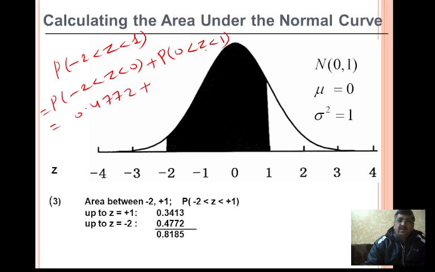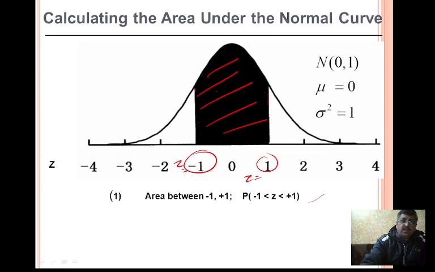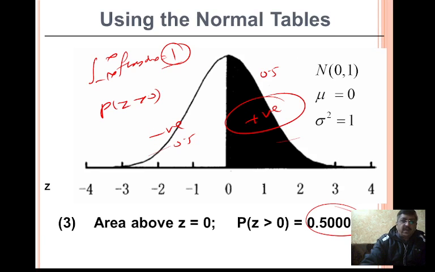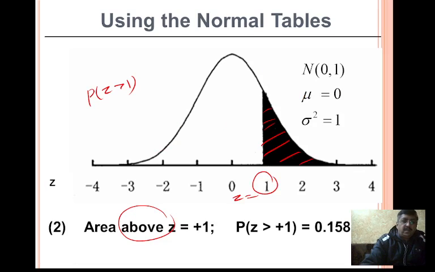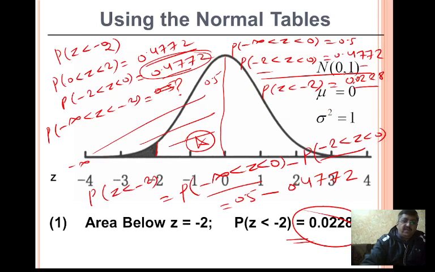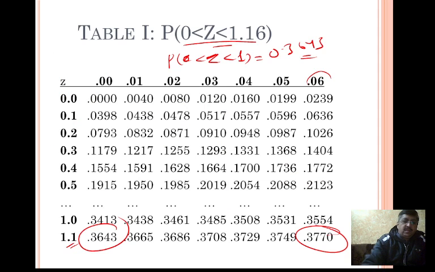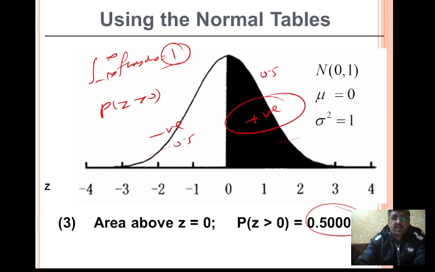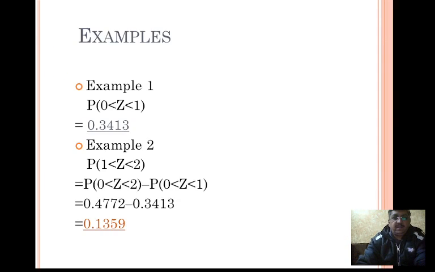And then probability of Z 0 to 1 is what we have just calculated, 0.3413. If you can see that, 0.3413.